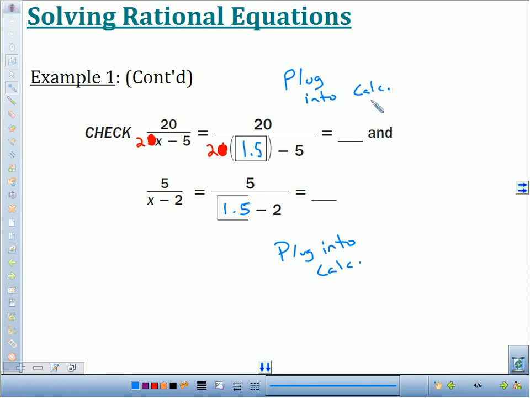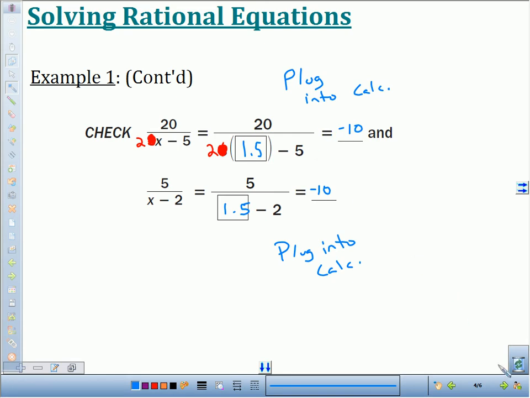And I'm going to be like one of those old cooking shows where they say, here's one that I prepared an hour ago, because I've already plugged this expression into the calculator. And what I got on top and on bottom was negative 10.